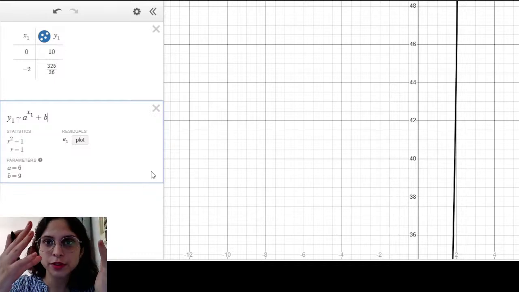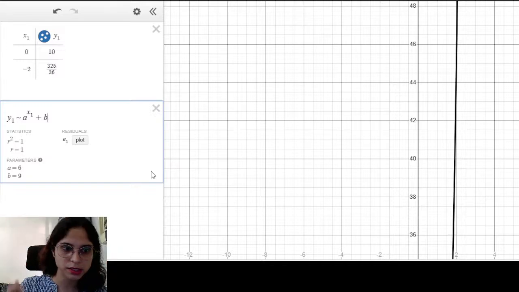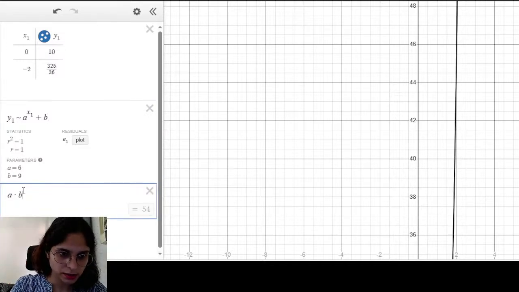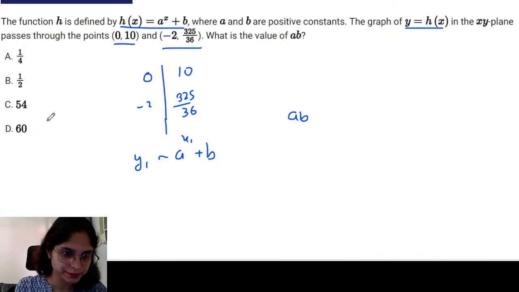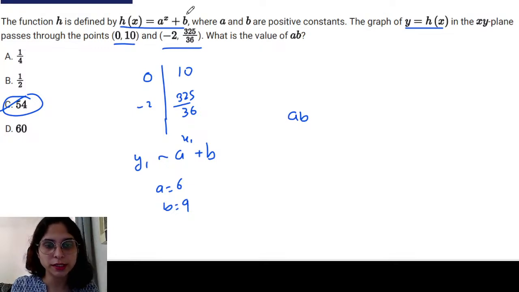If there is an additional withdrawal or deposit, then you will have to add or subtract that number from a times b to the power x. A is 6, b is 9, a times b is going to be 54. Over here also, do not assume that b is going to be 10, because there is no constant. This is a different kind of exponential equation.